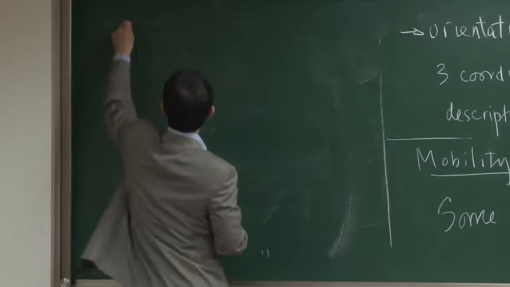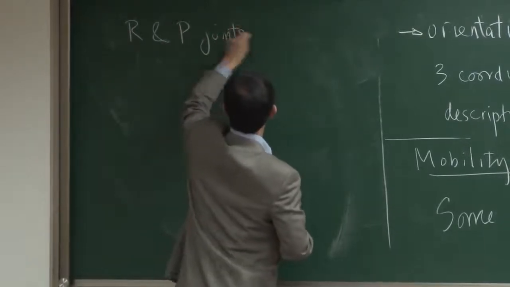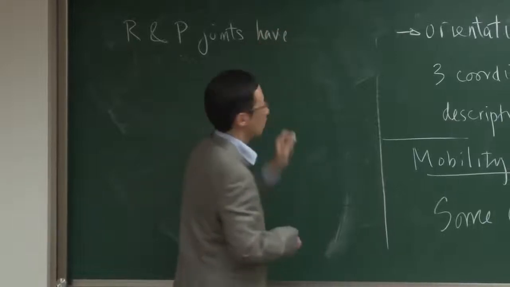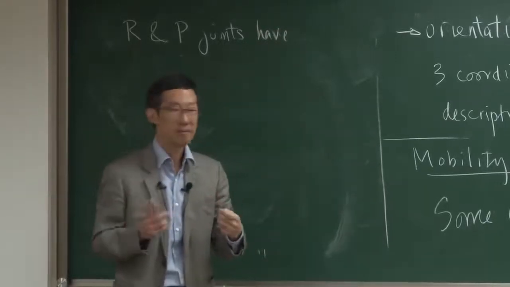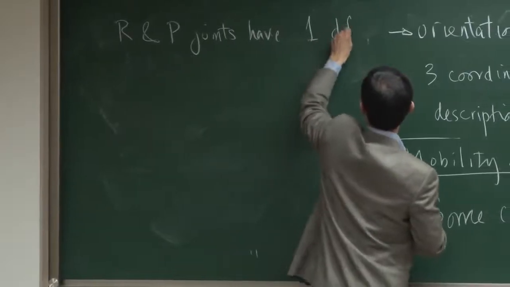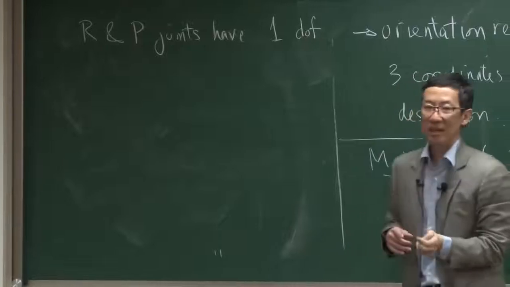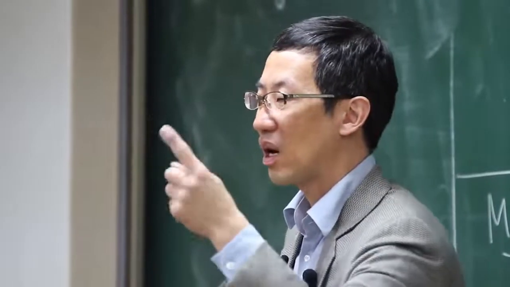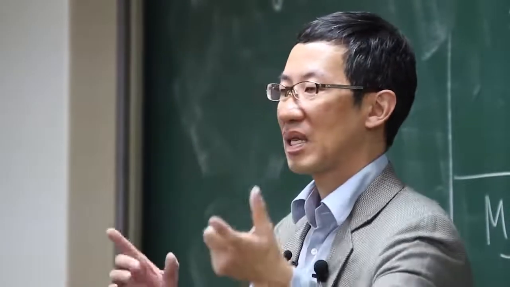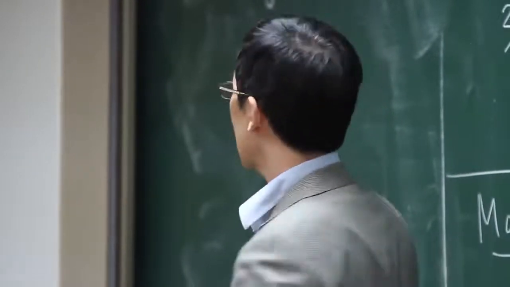So the R joint has 1 degree of freedom. Let me write D, degrees of freedom, as DOF. If you specify 1 coordinate, that specifies the position of the joint.